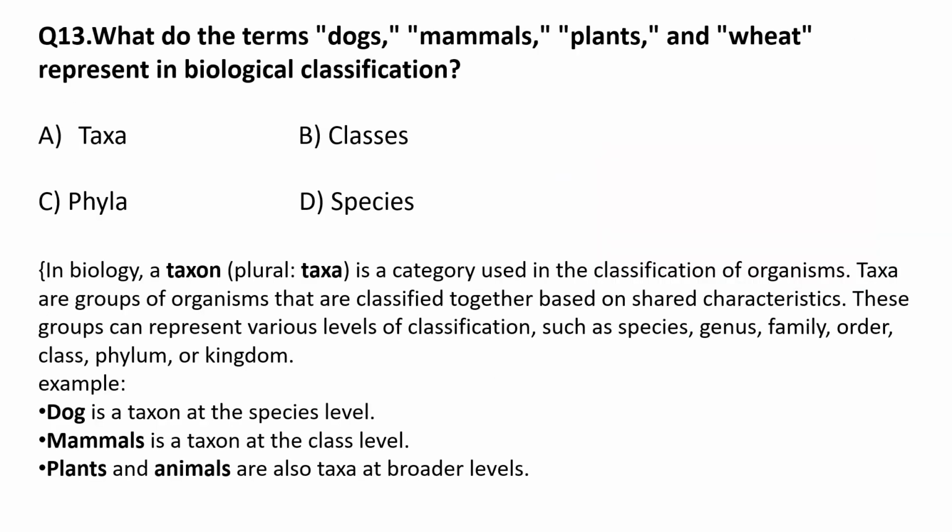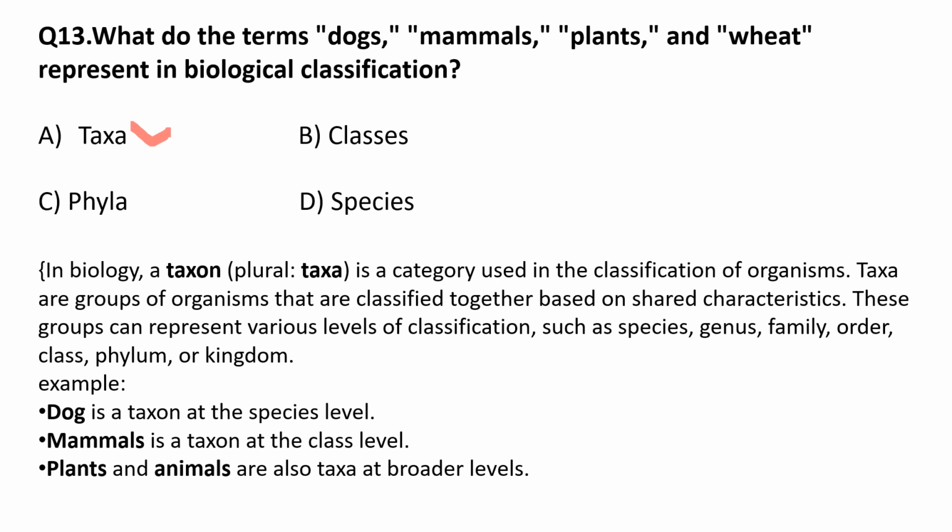What do the terms dogs, mammals, plants and wheat represent in biological classification? They represent taxa. What is taxa? You must know. In biology, taxon, the plural form is taxa, is a category used in classification of organisms. Taxa are groups of organisms that are classified together based on shared characteristics.